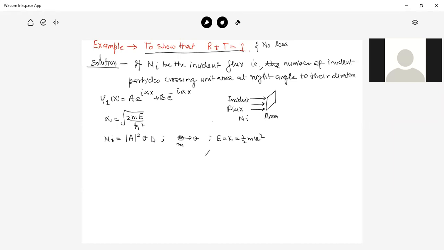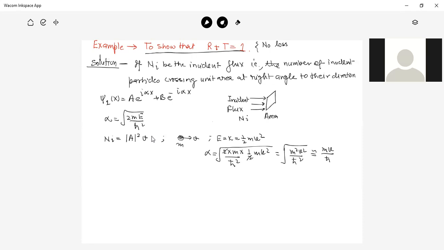So alpha is under root of 2 into mass into energy, that is 1 by 2 mv square, upon h cross square. So this 2 cancels, and we have under root of m square v square upon h cross square, so this is mv upon h cross.